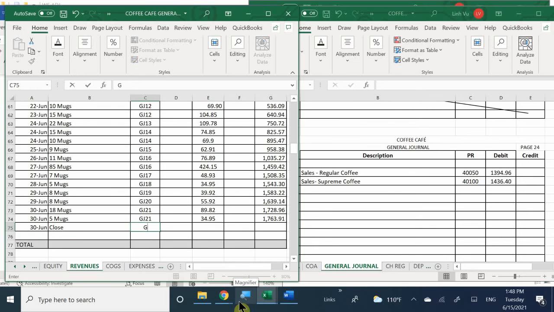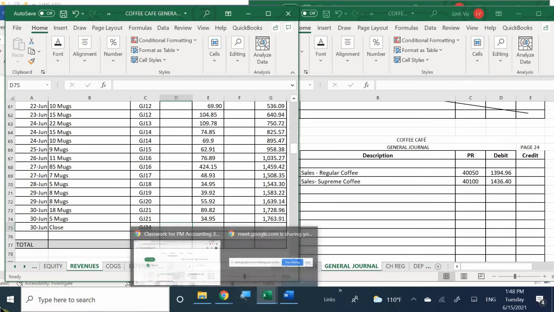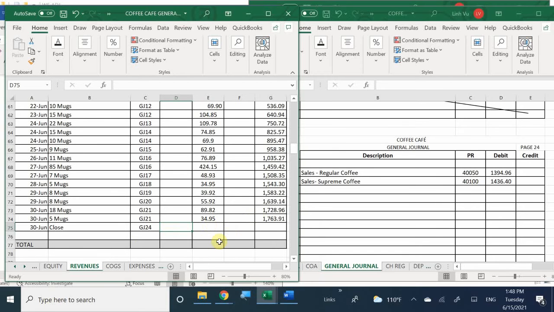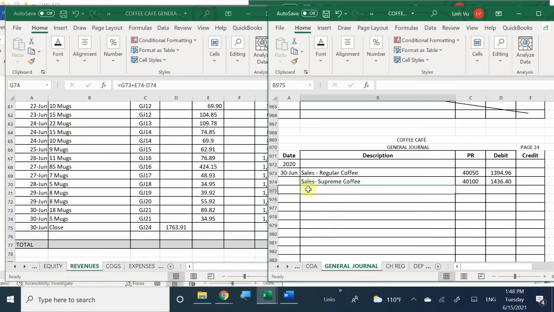What amount for my debit do I need in order to zero out this account? $1,763.91. So there I post it to the ledger, and now I'm going to post it to my journal.